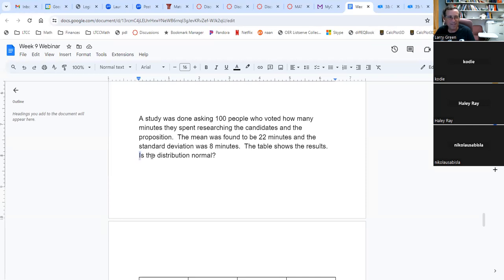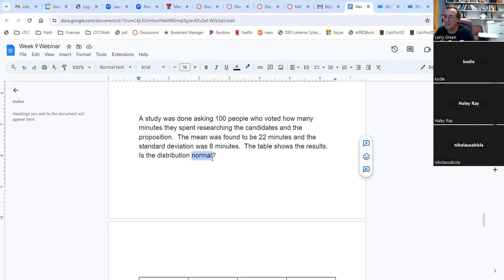The question is, is the distribution normal? So this is a question about distribution. Today we had two different tests on distribution, goodness of fit and homogeneity. What we have is a known distribution that happens to be called normal, and we want to see if the distribution of minutes voted is the same as the given known distribution.